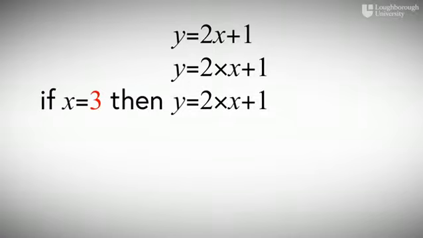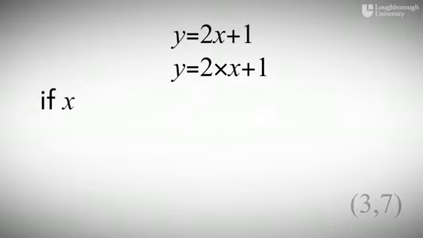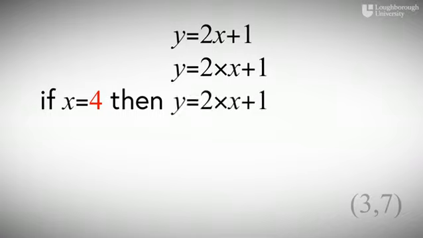then y is 2 times 3 plus 1, which is 6 plus 1, which is 7. The coordinates of the point are therefore 3, 7. Similarly, if x is 4, y is 2 times 4 plus 1, which is 8 plus 1, that is 9.